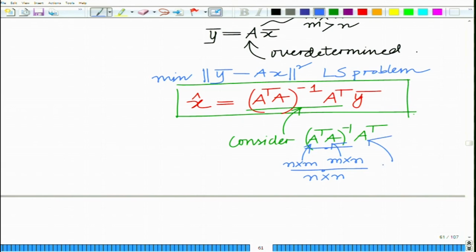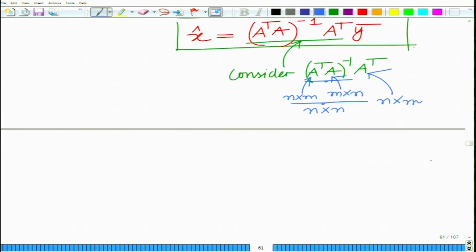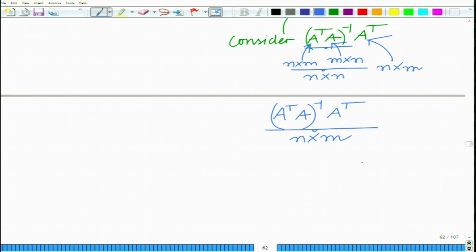Therefore, A transpose A inverse into A transpose is an n cross m matrix, with m greater than n. So this has more columns than rows. But the interesting thing here is A.